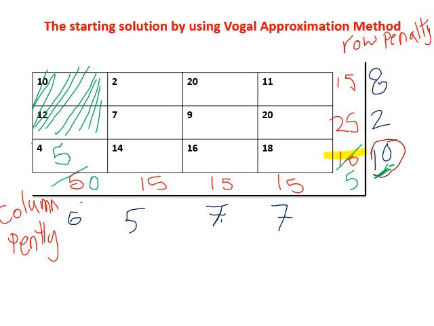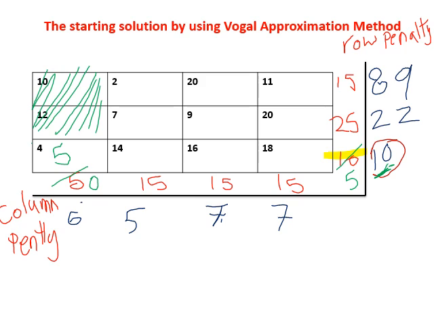Now we will get the row penalty for the second step, which is the difference between the two smallest values. Now it is 2 and 11, so the difference is equal to 9. Then the second row, 7 and 9, the difference is equal to 2.